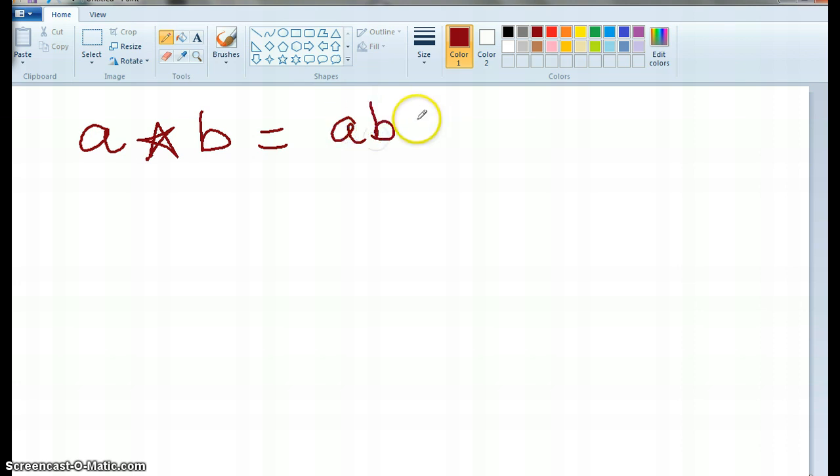Okay, one last one. I make up an operation. I'm going to go A star B, and that's going to be AB plus 3 over B. So do you make up that bit? No, they give it to you.